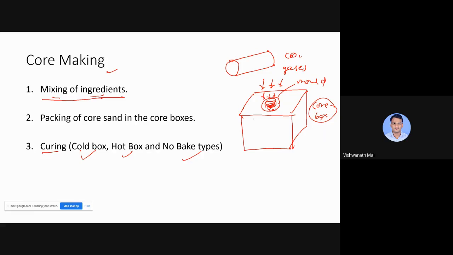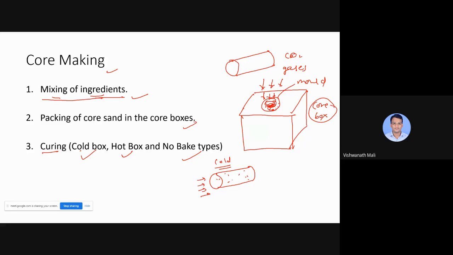The gases react with the ingredients and it gets hard. That process is known as the cold process, or cold box. What we have done: first we mixed the ingredients, then filled the mold, and then passed gases through the core. Due to the passing of these gases, the strength of the core increases.